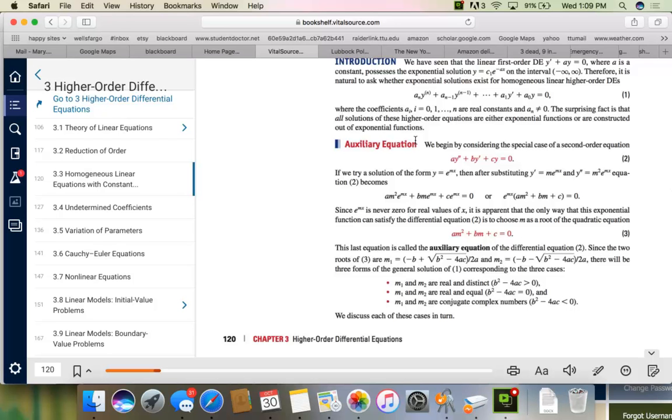In this case, we're going to make an assumption, and the assumption is that the solutions to this equation all have the form y is equal to e to the mx, where m is something we will discuss later.